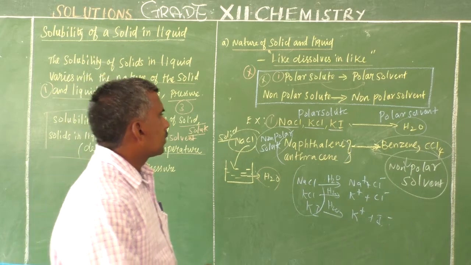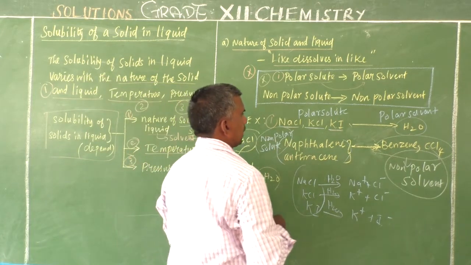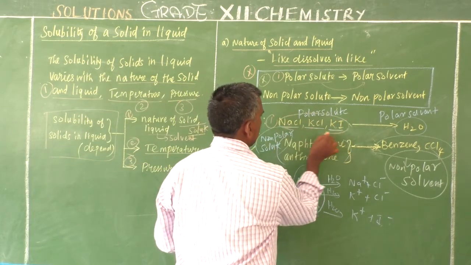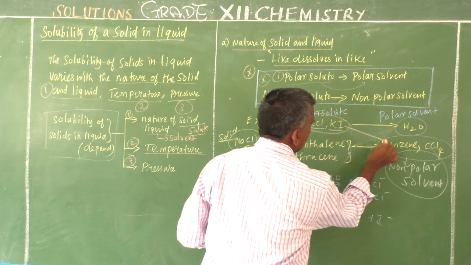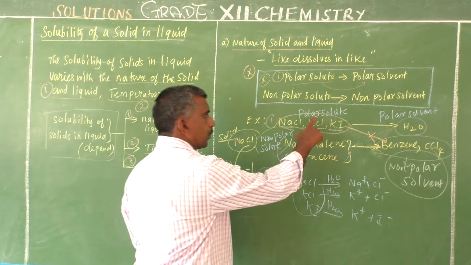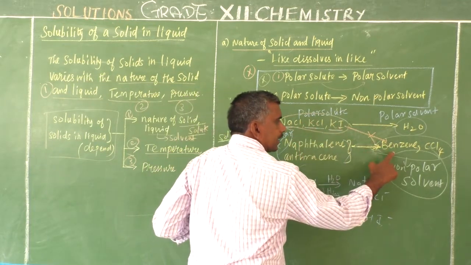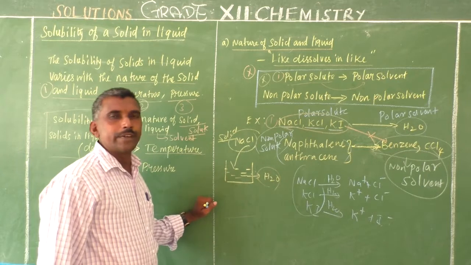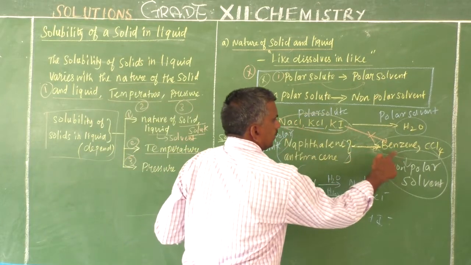Sodium chloride, potassium chloride, and potassium iodide do not dissolve in benzene and carbon tetrachloride, because a polar solute cannot dissolve in a non-polar solvent. That is unlike, not like.